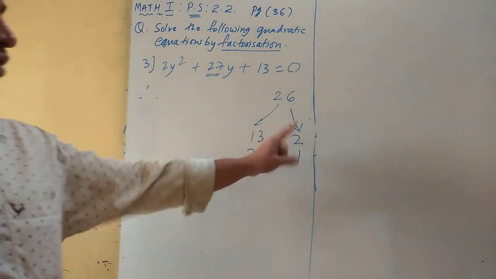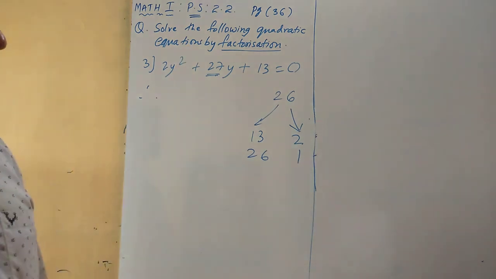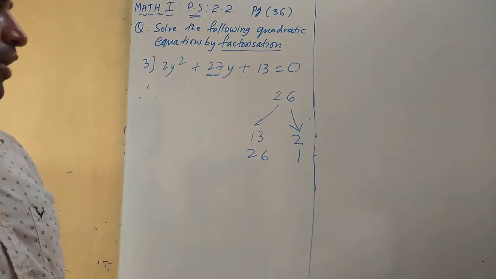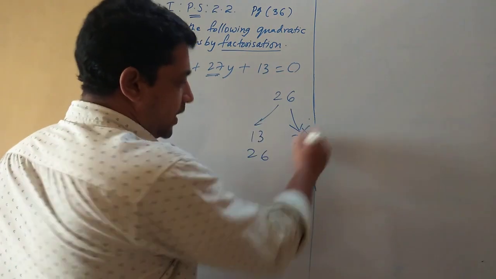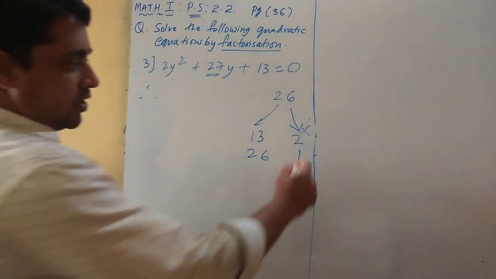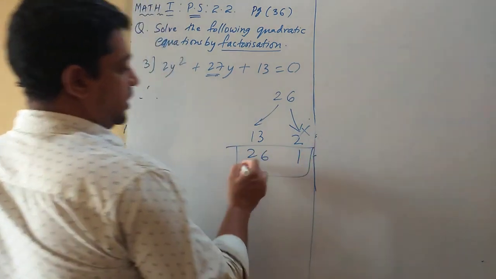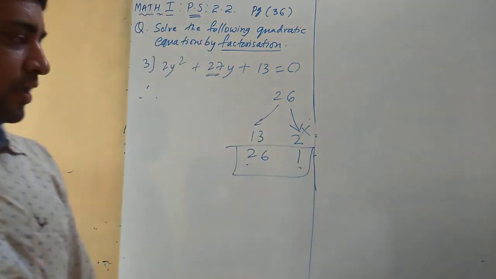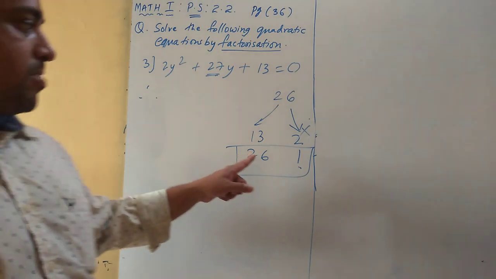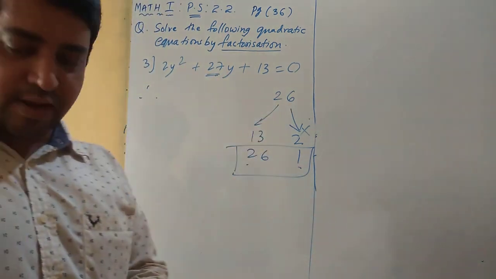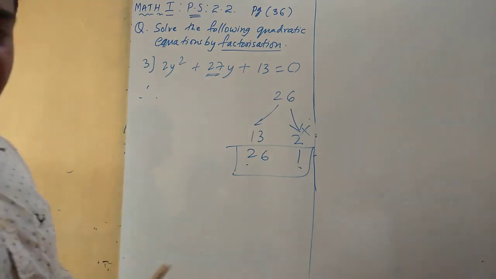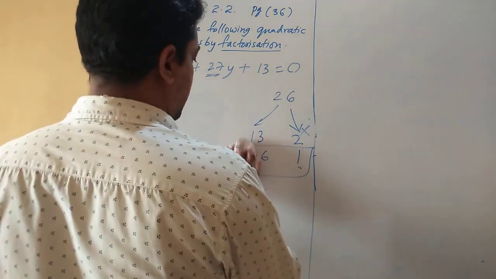So 13 plus 2 is not 27, it is 15. If I subtract, it will be even less. So this is not your correct pair. This is your correct pair: 26 plus 1 is 27, and 26 one time is 26. So we got the correct pair. Now the sum becomes very easy to solve.